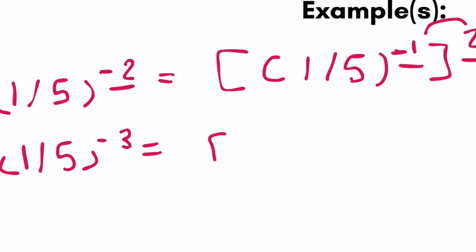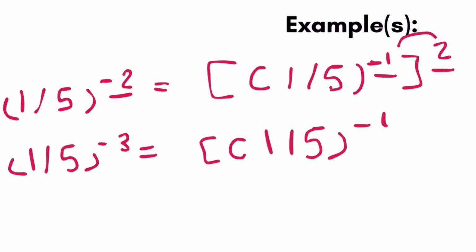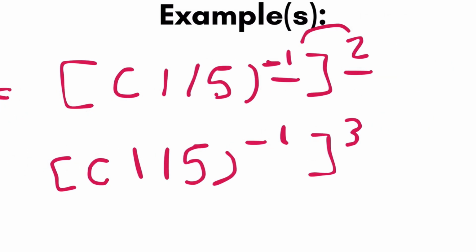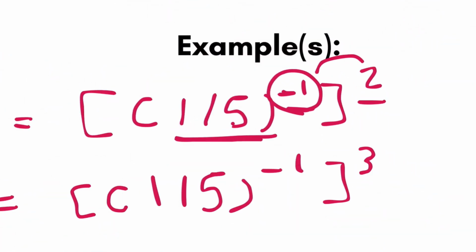And the same with this one: big parentheses, smaller parentheses, 1 divided by 5 to the power of minus 1, all to the power of 3. Okay, right now I have powers, and what I can do is that because my power is negative, I can reverse the placements of 1 and 5 to make the power positive.